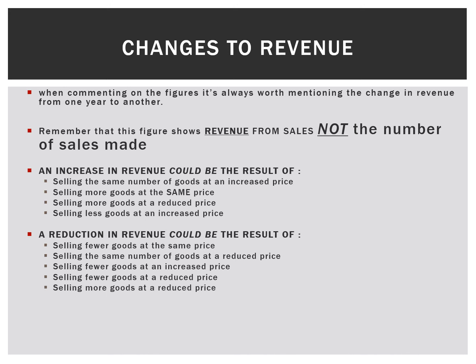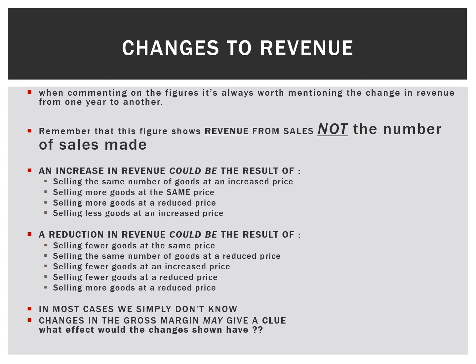We can get a clue from the changes in the gross margin, the gross profit percentage. And what I'd like you to do now is to just pause these slides and scribble down on a scrap of paper what you think the effect on the gross profit will be in each of the cases shown on this slide.